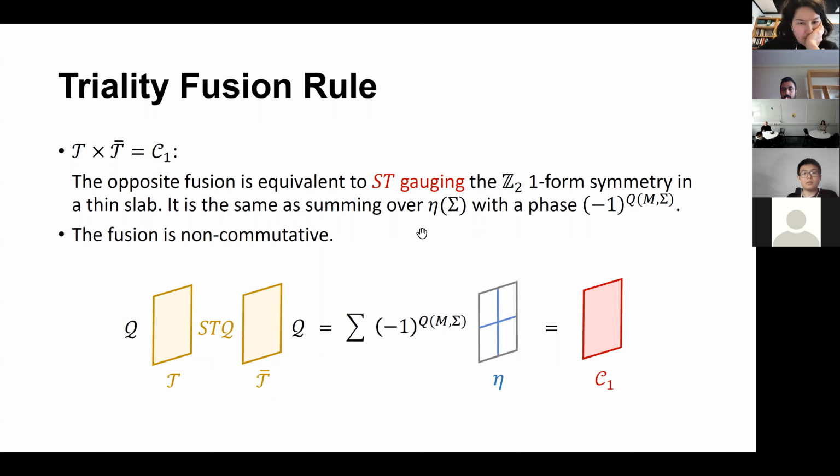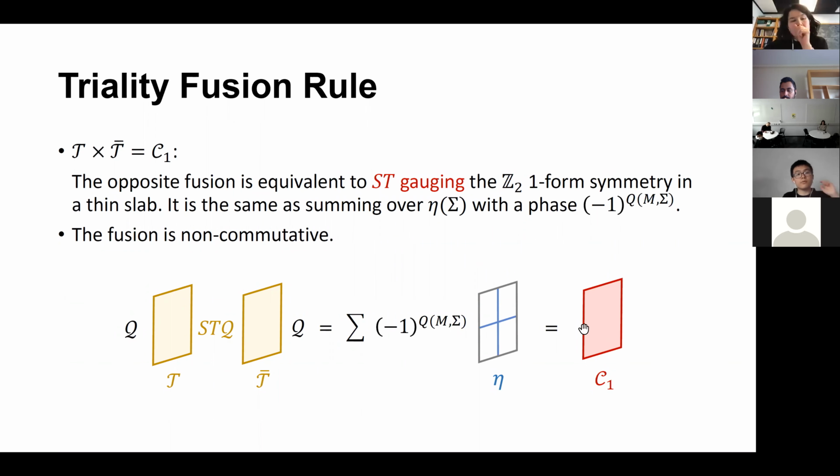Doing an ST gauging will be the same as summing over symmetry defects. But because I introduced a discrete torsion gauging, this will introduce a phase in the sum. This phase will just be -1 to the power Q. So the sum will be -1 to the power Q and sum over all possible insertions of symmetry defects. And this is nothing but the condensation defect C1 that I defined before.